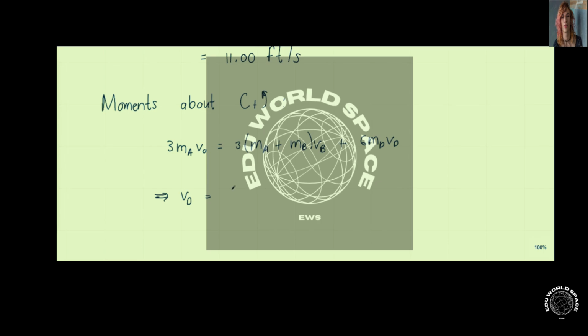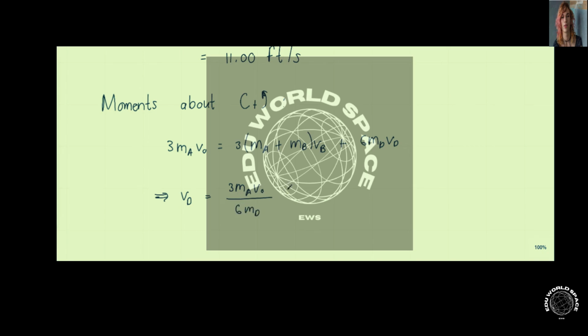So vd is equal to 3 ma times v0. So that's, write this a bit more clearly, this is 3 ma v0 over 6 md.